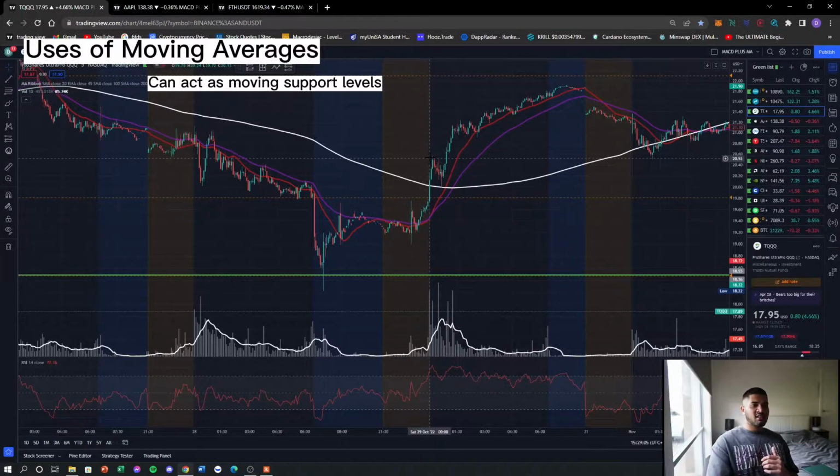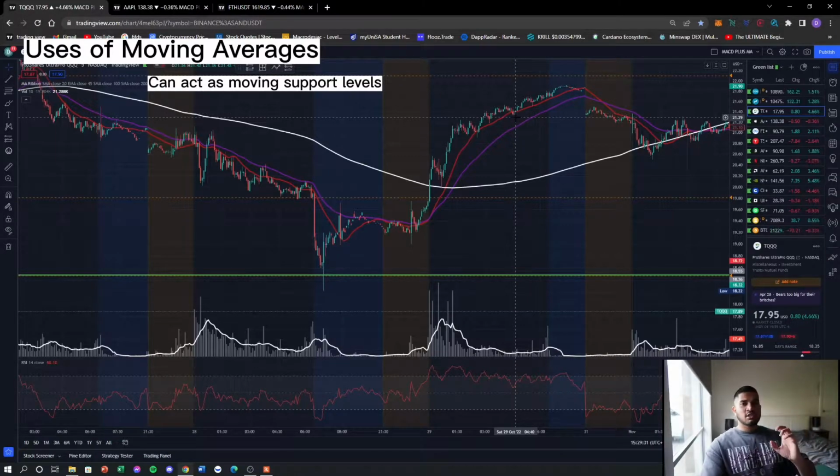Price made a higher high, then a higher low onto that 20 MA over here, rallied up, pushed back down to the 20 MA, and it acted as a support level. It pushed up, tested the 20 MA again, acted as support, pushed up, and once again acted as a level of support. That's how the 20 MA can act as a support level.